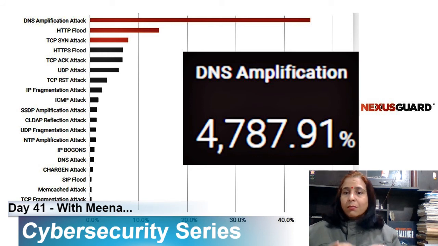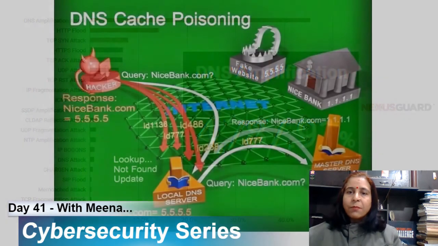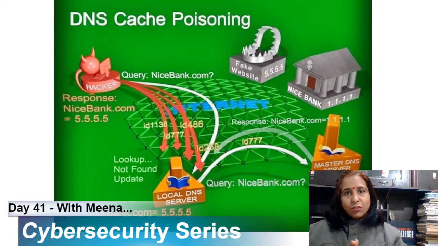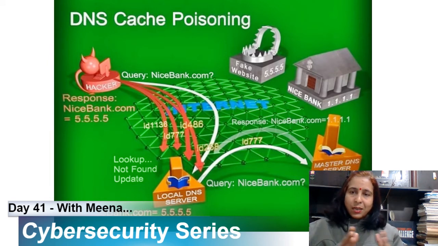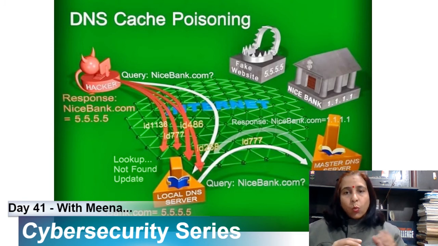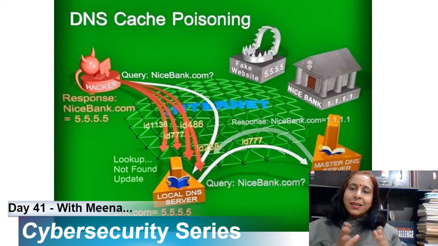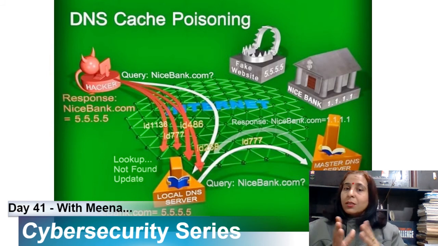So the highest kind of attack is happening on DNS. Another kind of attack happens when attackers poison the cache. As I told you, every record that it finds is kept in cache memory, and the attacker can change that. For example, a user sends a request to nicebank.com, and the local DNS server will resolve that query.